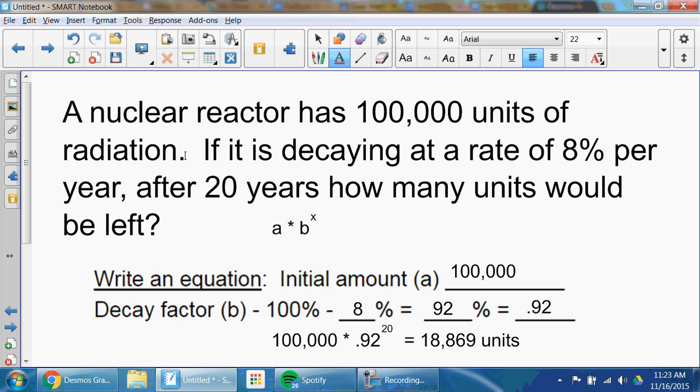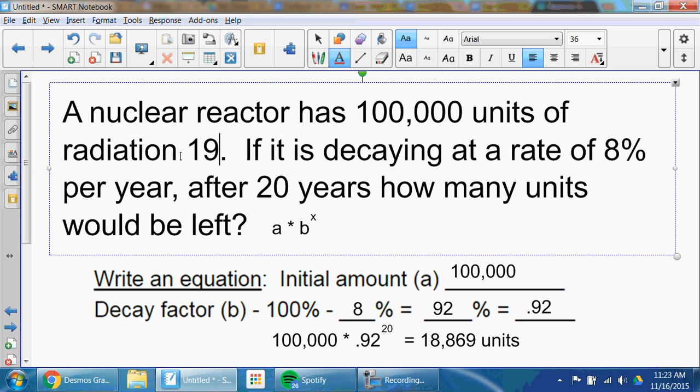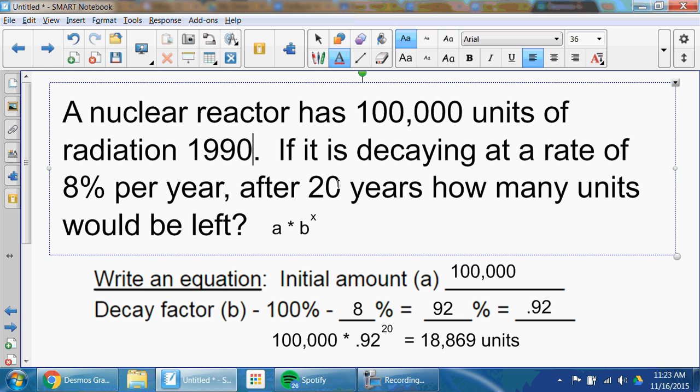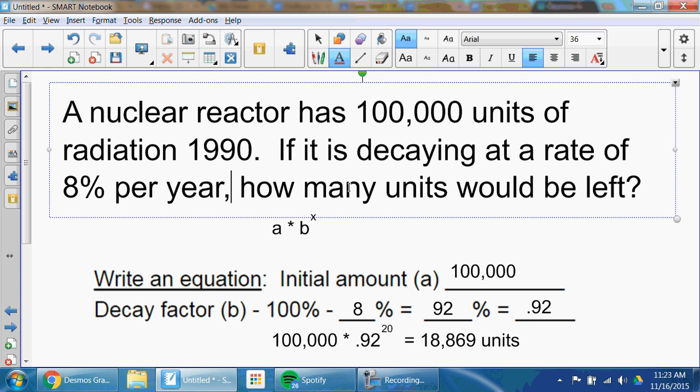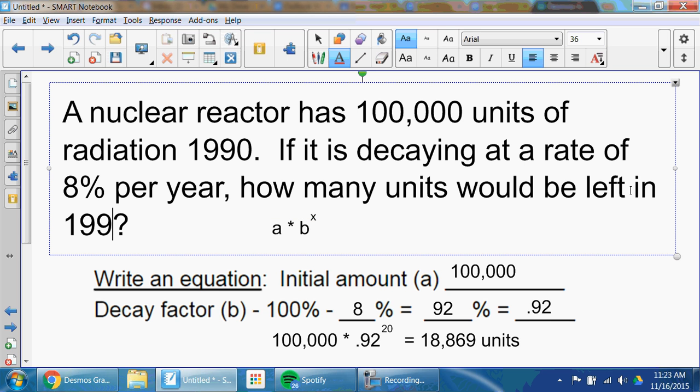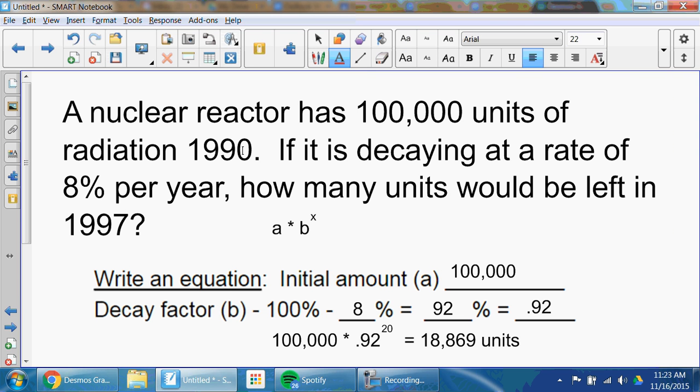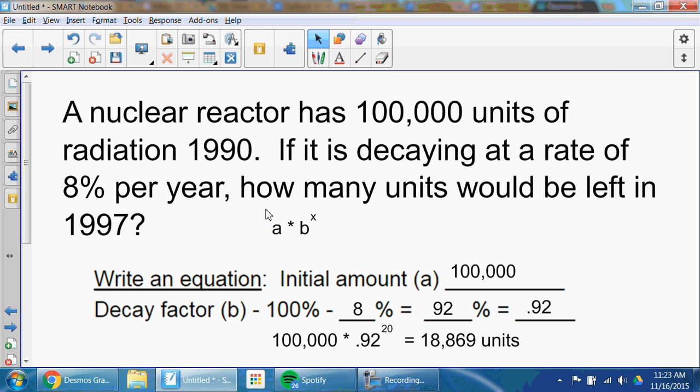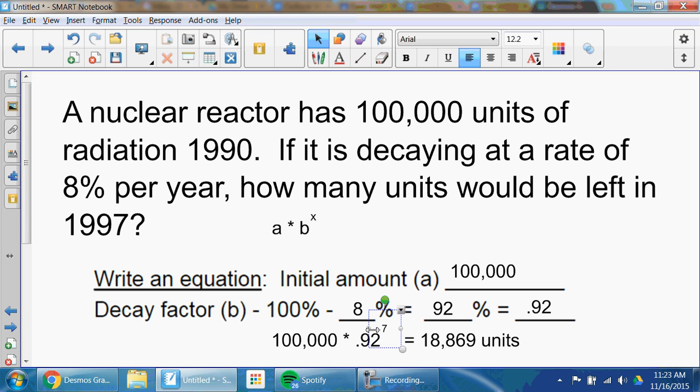Let's say a nuclear reactor has this radiation in 1990, and it asked you how many units would be left in 1997. If it asked you that, then you would have to change your exponent to be 7, because it's how many years after the time that was asked. You would have to change this 20 to be 7, and it would change your value.